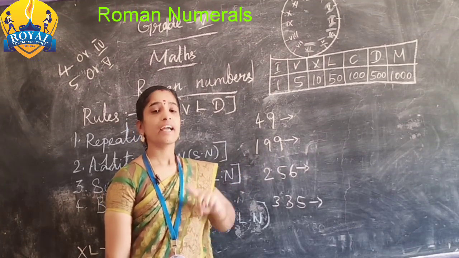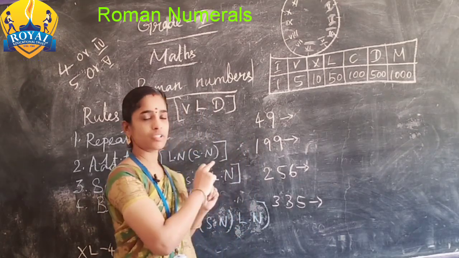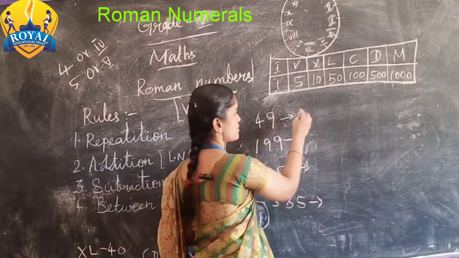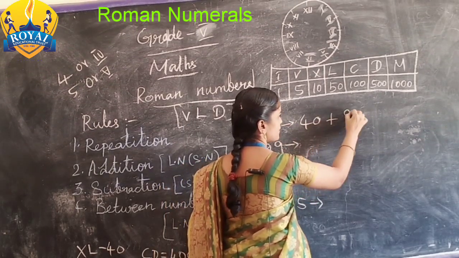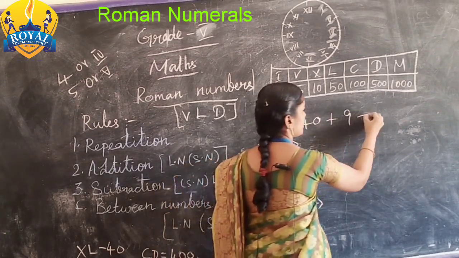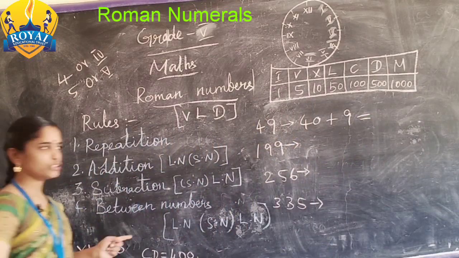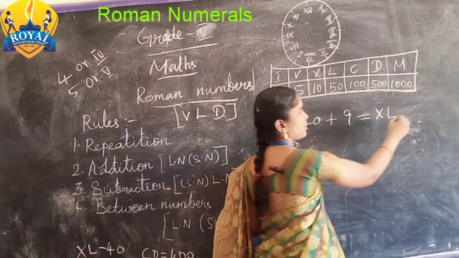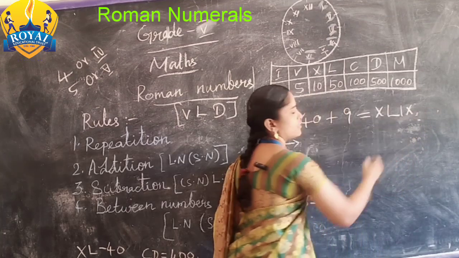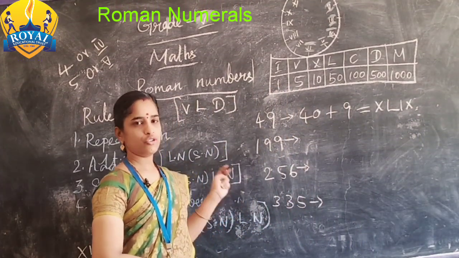The expanded form of 49 is 40 plus 9. Look here, 40 means XL, already told you, and 9 is IX. That is the Roman numeral of the Hindu-Arabic number.